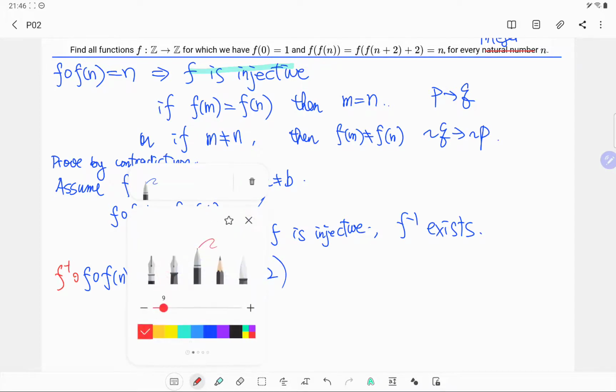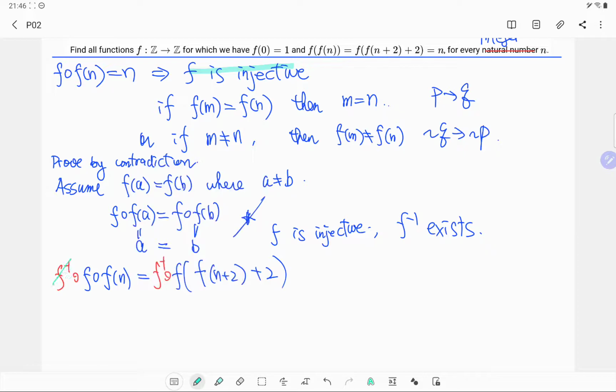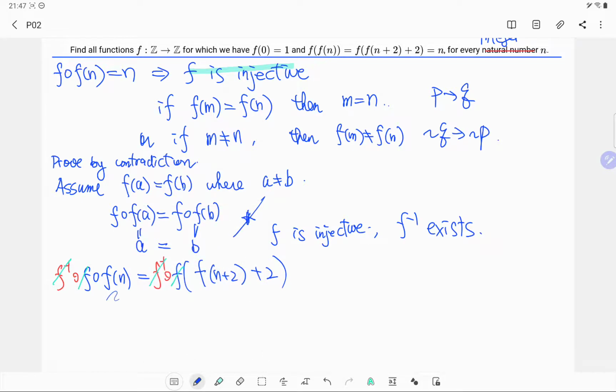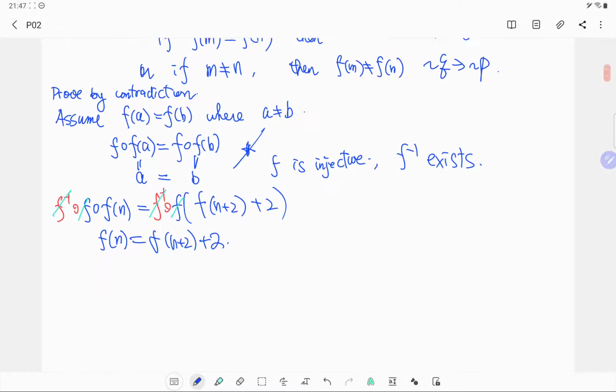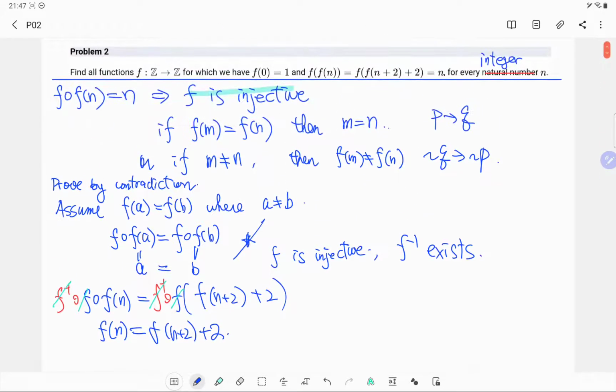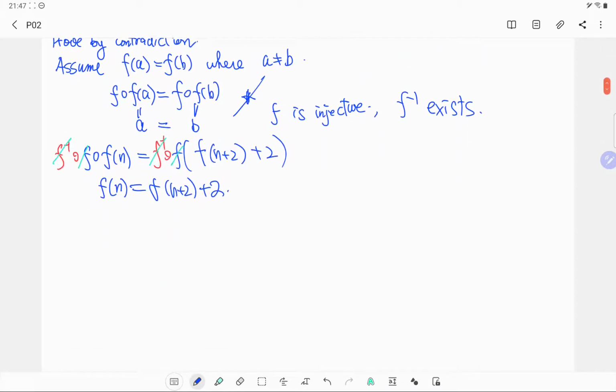In this case, we can cancel this one and this one. So we come up with the left-hand side, f(n) is equal to f(n+2+2). So this is very useful for us, and also we would like to make use of f(0) equals to 1.